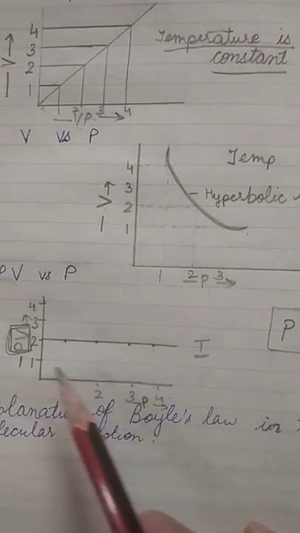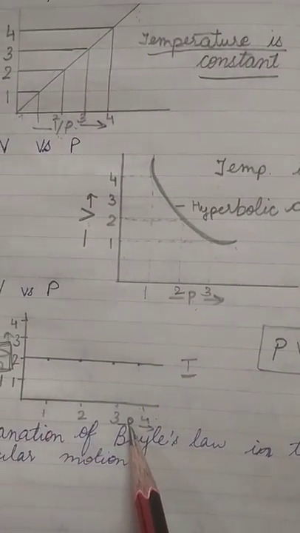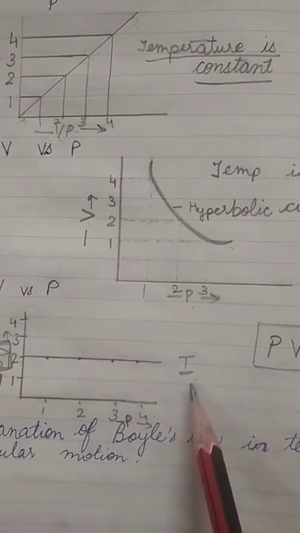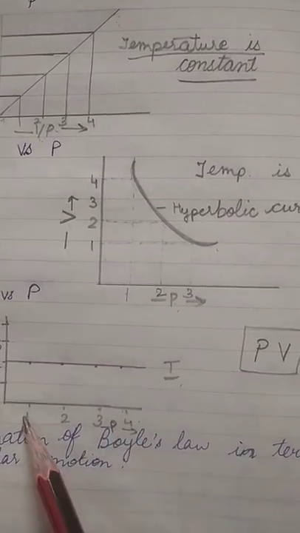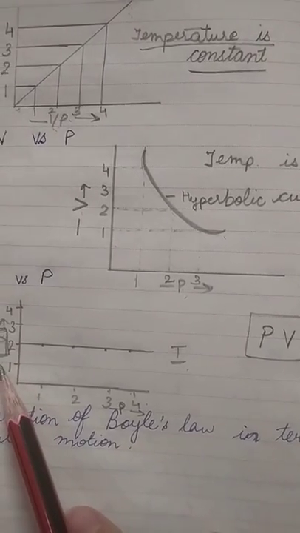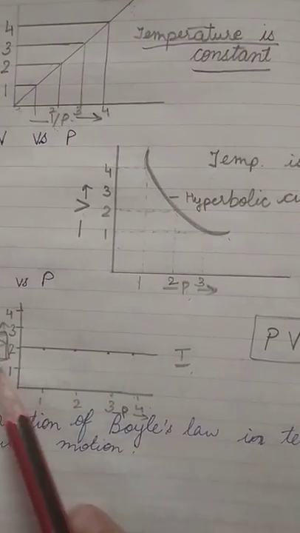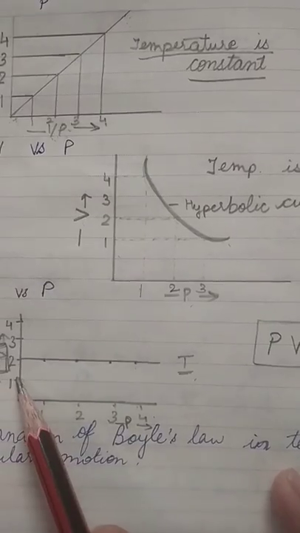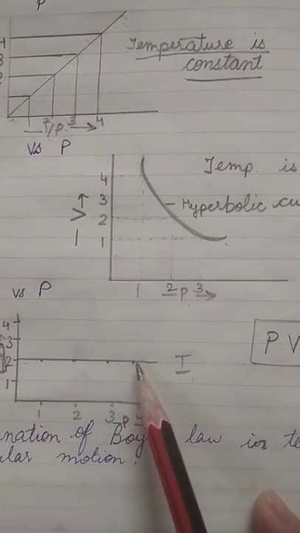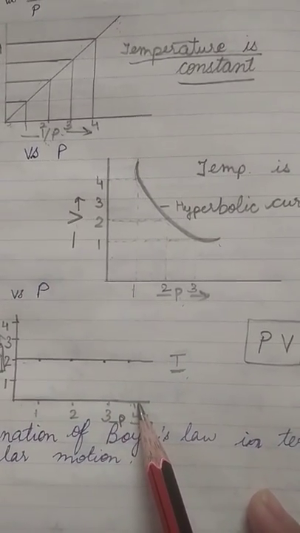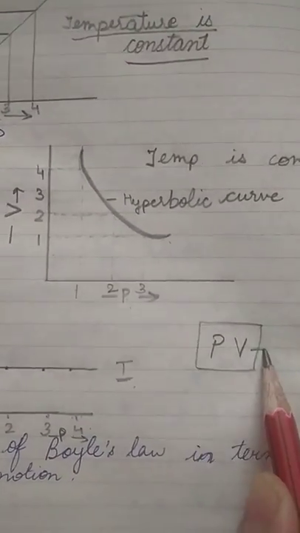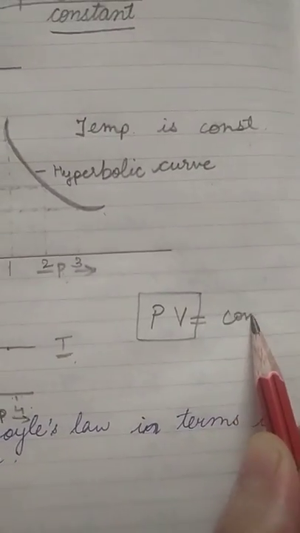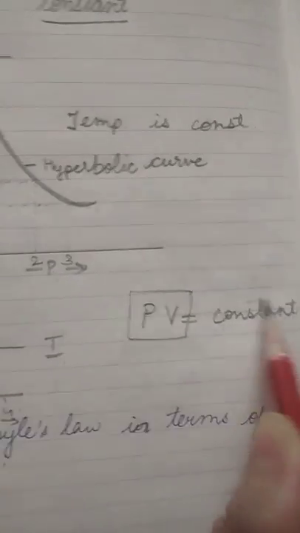The third graph is PV versus pressure. Temperature we have kept constant, so as we are increasing the pressure, PV, which is on the y-axis, gives a straight line which is parallel to the x-axis, that is pressure, because PV is always a constant, which we have already studied in Boyle's law.